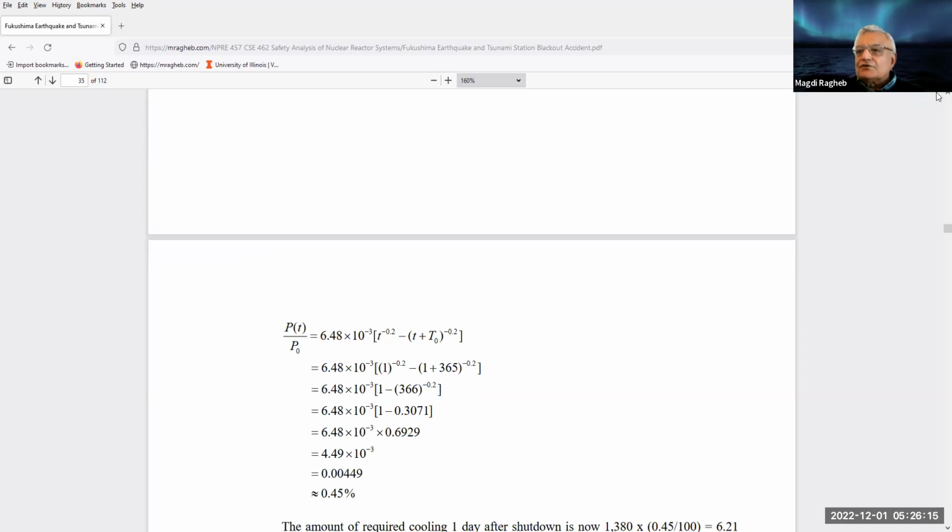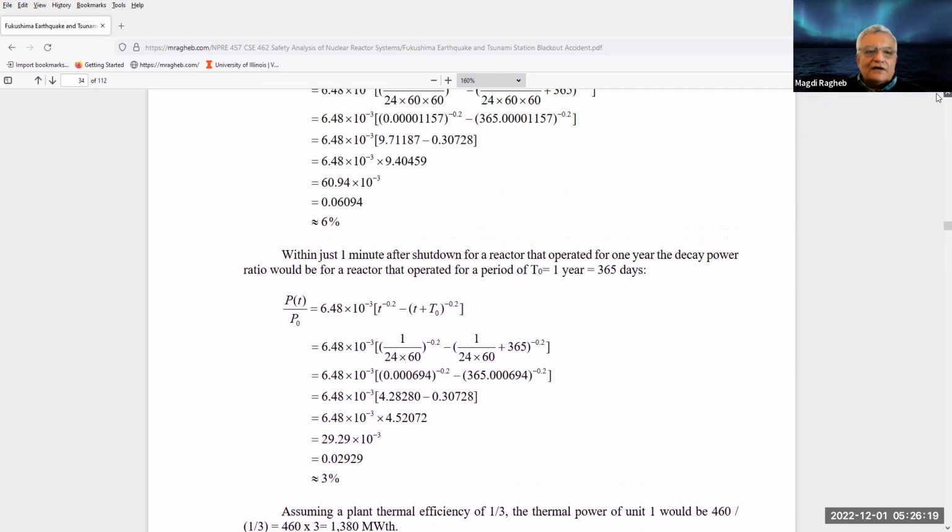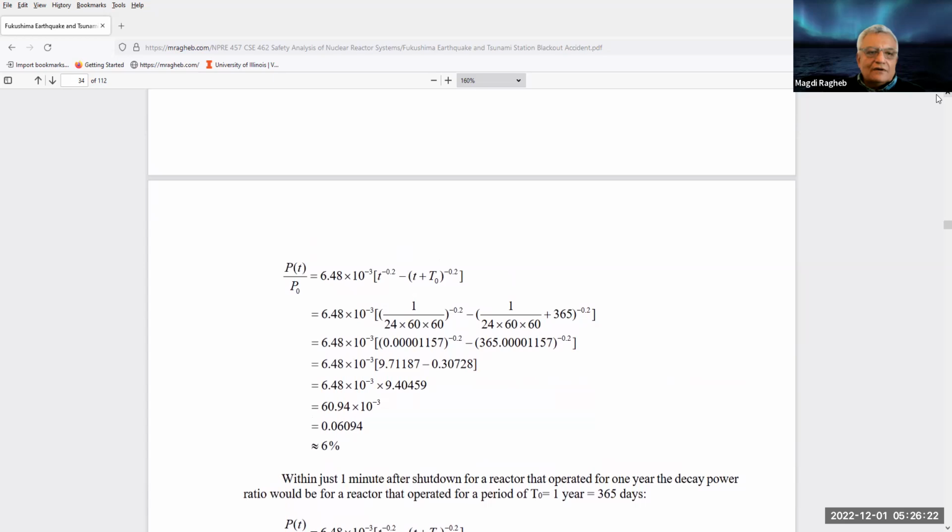Immediately after the accident, the decay heat power relative to the fission power is about 6%. So if you have a plant that has 3,000 megawatt thermal of power, 6% would be about 180 megawatt thermal of power at basically 1 second after the accident.